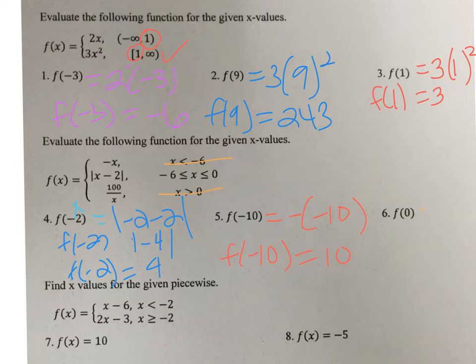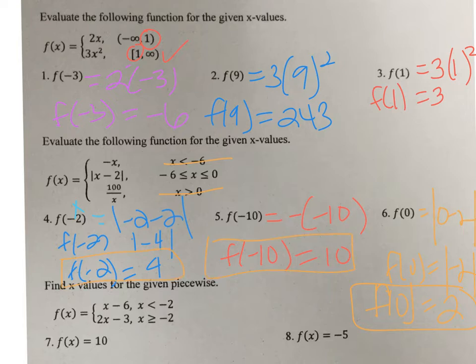So again, we're going to use the absolute value function. So x minus 2. So in this case, 0 minus 2. Well, right now, it's f of 0 equals absolute value of -2. But when we take it out of the absolute value, it has to be positive. So f of 0 equals 2. All right?